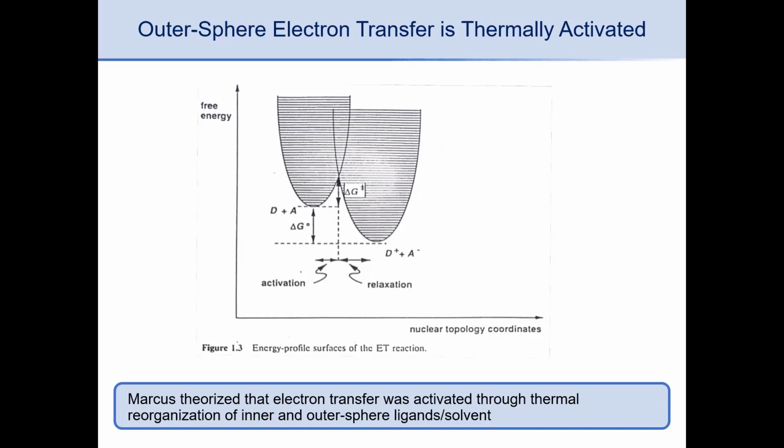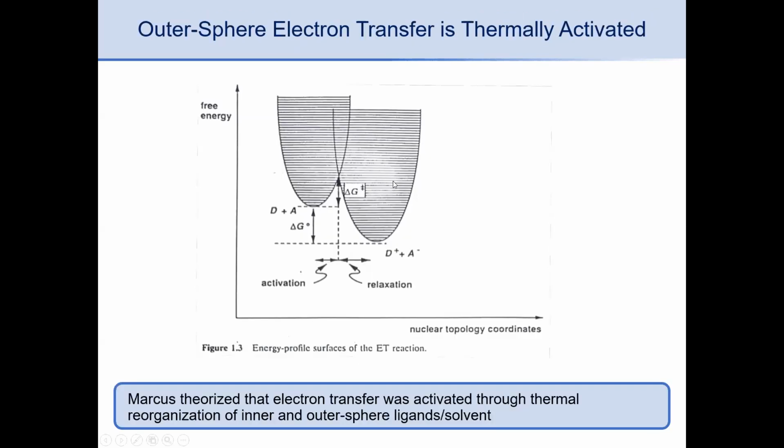So if we're doing this reaction in water, the electric dipoles of each water molecule surrounding these compounds will need to reorganize as you proceed up this potential energy surface. And in doing so, you incur an energy penalty.